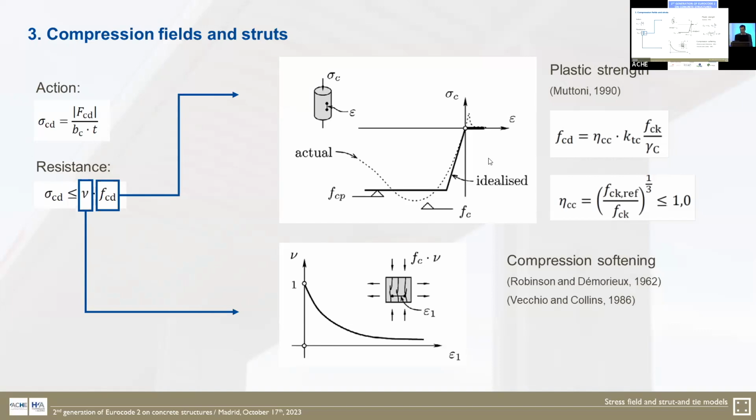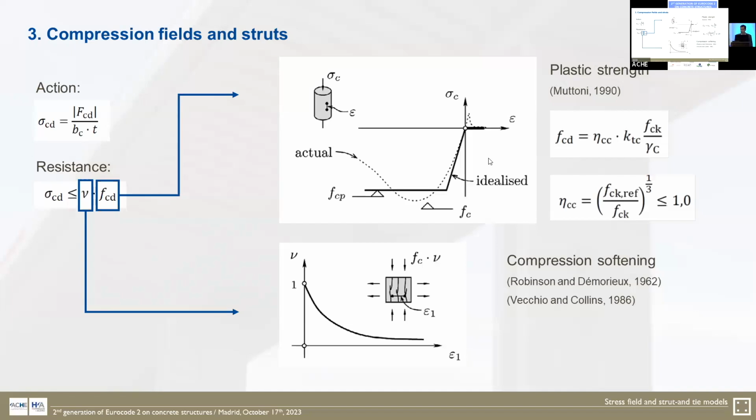And so in a stress field, we are not attaining simultaneously in every point the maximum strength. So there will be regions that are at maximum, regions that will be softening, and regions that are still not attaining the maximum strength.